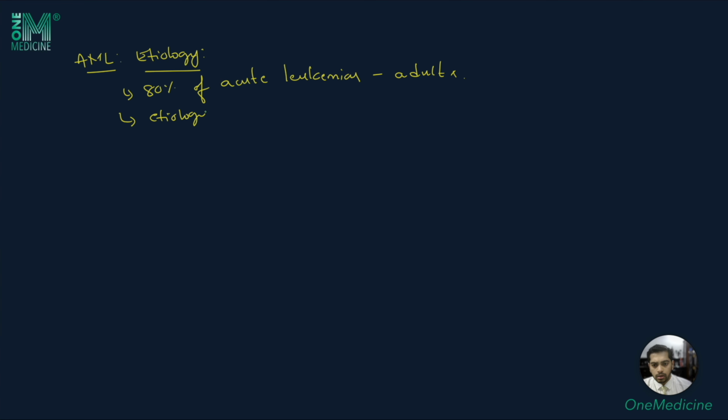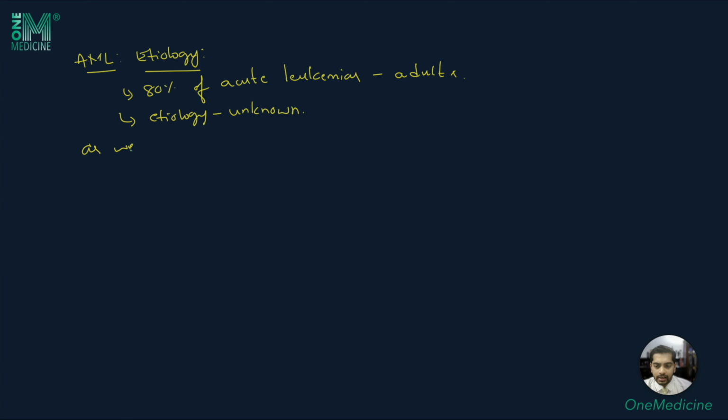Now let's look at the etiology of AML. This accounts for up to 80% of acute leukemias in adults. For most of the patients, the etiology remains unknown.